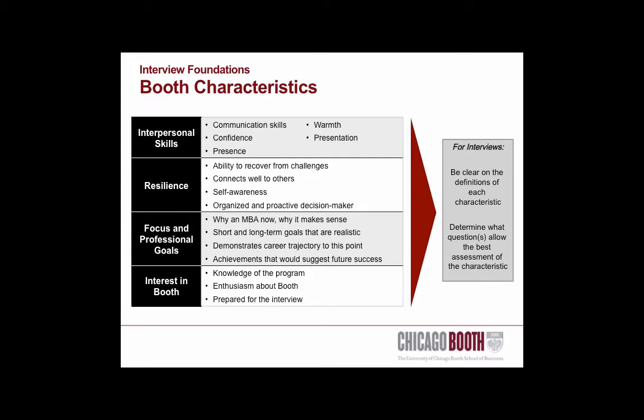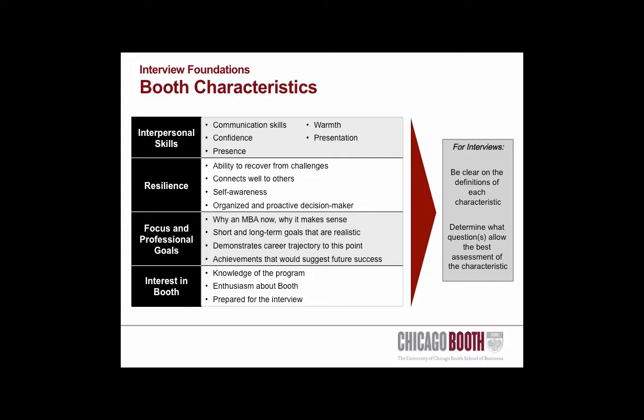And of course, we want their enthusiasm about coming to Chicago Booth. Now, there's a variety of ways that an individual can express that, but we do want to see knowledge of the program, whether it's courses or elements of the teaching style, what it is about this program that they're enthusiastic about. And really, in many ways, their overall preparation for the interview shows how important coming to our MBA program is for that applicant.